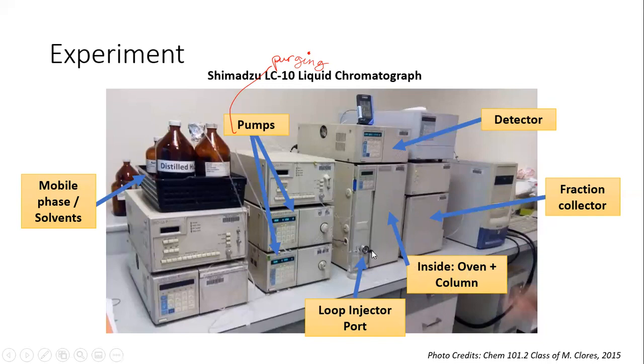Okay, so nakakonect siya sa column, then may oven din sa loob ng column. So the column is then connected to your detector. Okay. Tapos yung detector, connected na yan sa computer, okay, where you will obtain your samples.